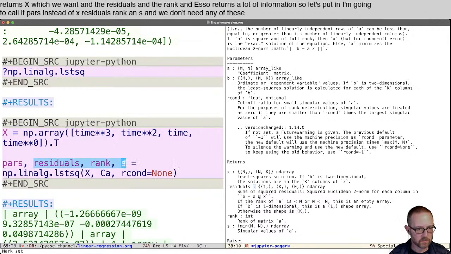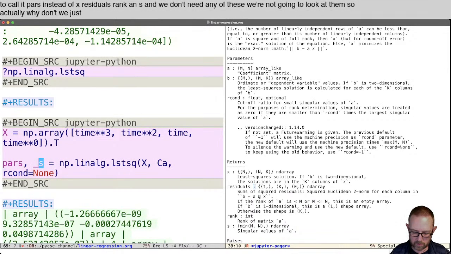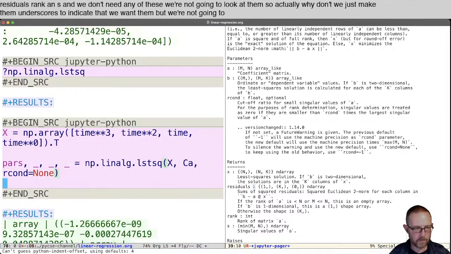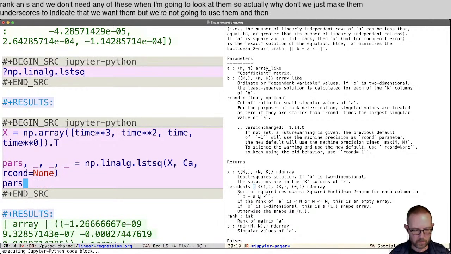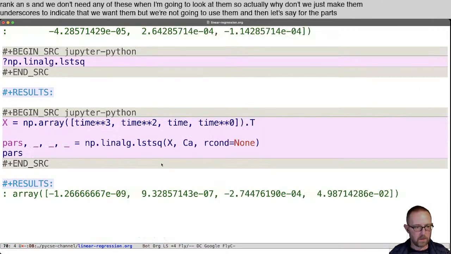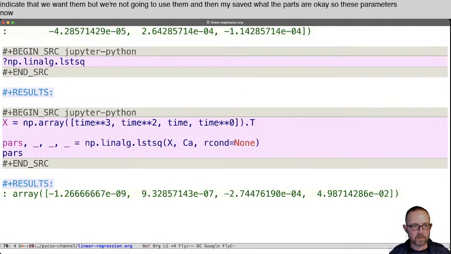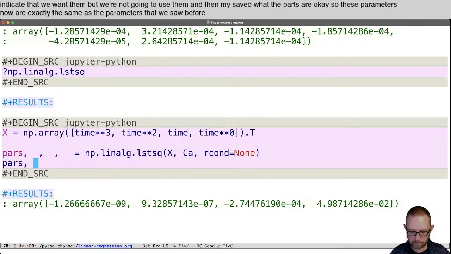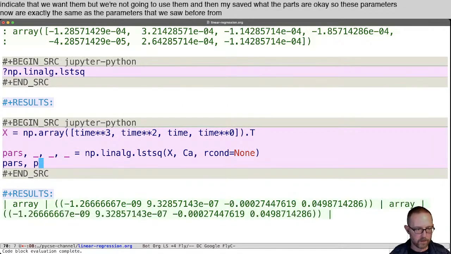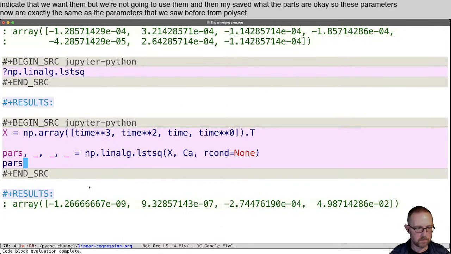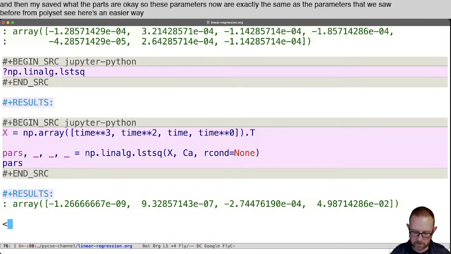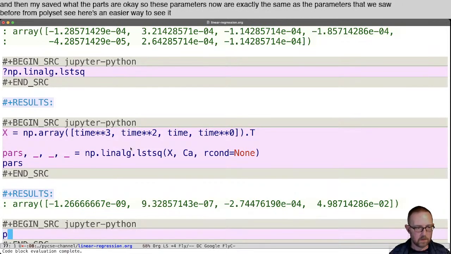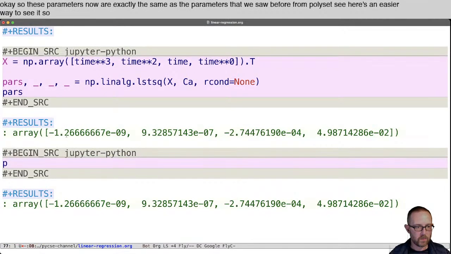We're not going to look at them, so actually why don't we just make them underscores to indicate that we want them, but we're not going to use them. And then let's say what the pars are. Okay, so these parameters now are exactly the same as the parameters that we saw before from polyfit. Let's see, here's an easier way to see it.